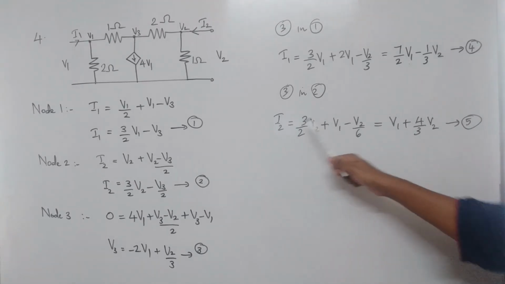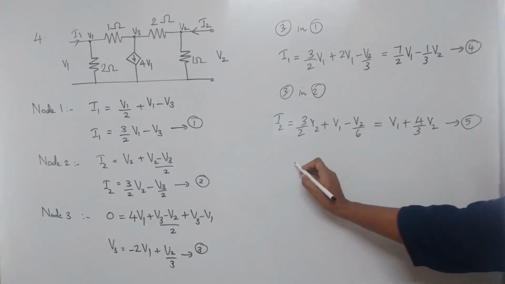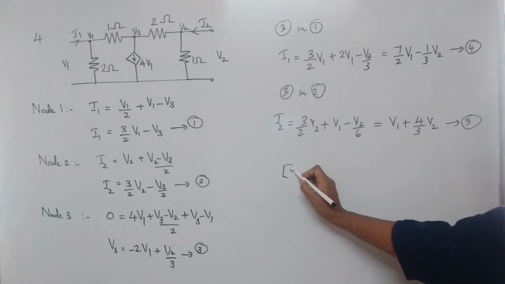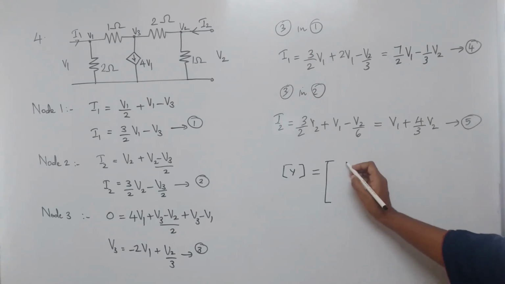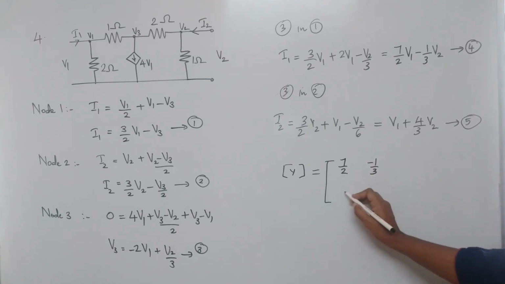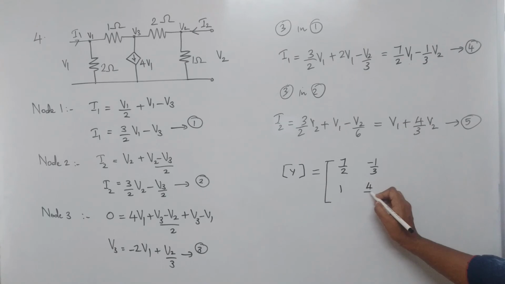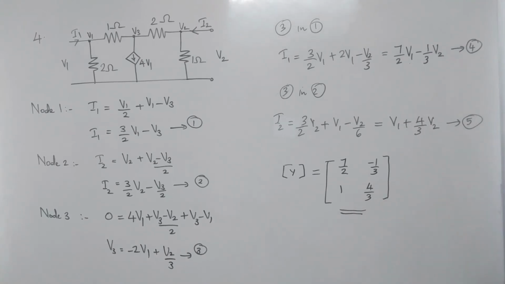Thus I2 also we got in terms of V1 and V2. We can write the Y matrix. Matrix Y is equal to Y11 is 7 by 2, minus 1 by 3, 1 and 4 by 3. This is the Y matrix.